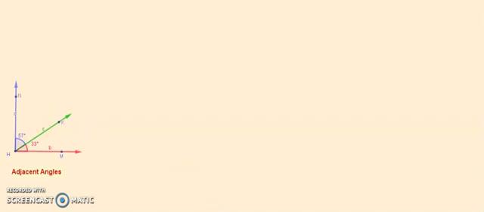Now, children, let us consider one more pair. Observe, you have an angle over here. The measure of it is 33 degrees. One more angle, you can just observe, you have one more angle here and the measure of this angle is 57 degrees.